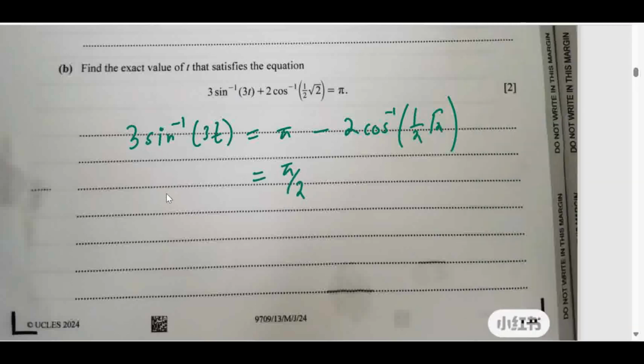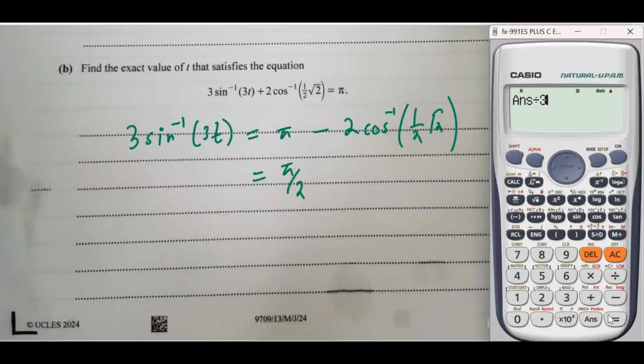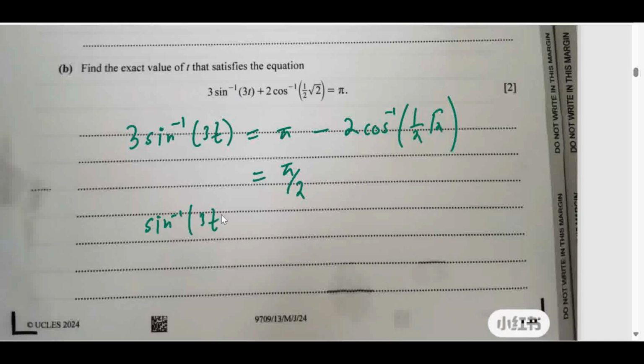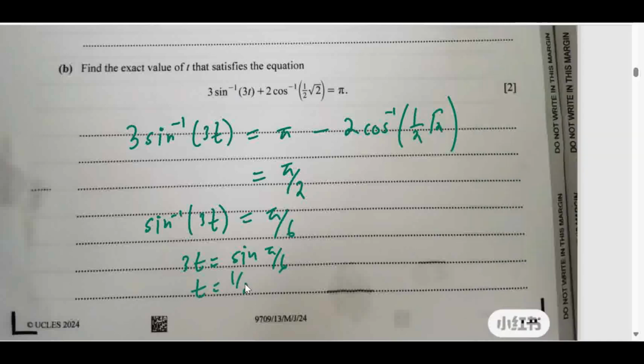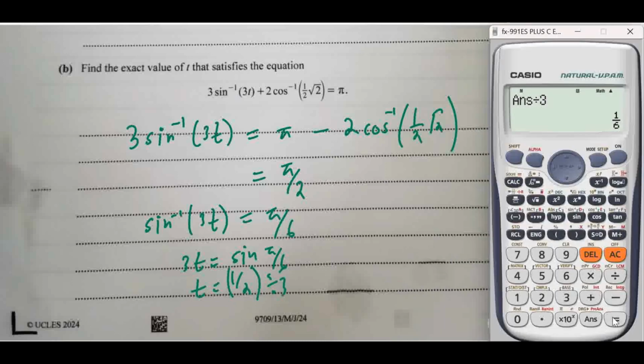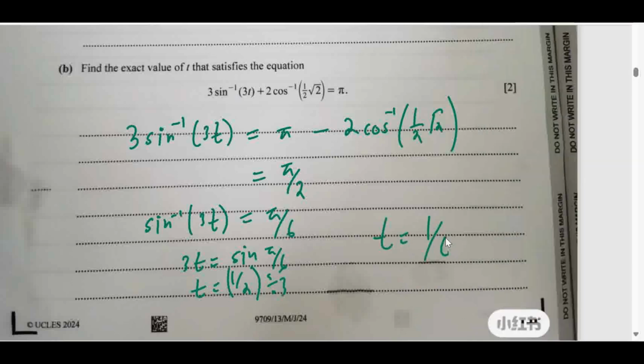अब डिवाइड अगर हम 3 करें तो ये हो जाएगा आपके पास आंसर डिवाइडेड बाय 3, दिस विल बी pi/6। सो वी कैन से कि साइन इनवर्स ऑफ 3t इज इक्वल्स टू pi/6। और इसको सिंप्लीफाई करें तो 3t इज इक्वल्स टू साइन ऑफ pi/6। साइन ऑफ pi/6 निकालें तो क्या होगा, 1/2 आ रहा है। सो t will be equals to 1/2 divided by 3, so t will be equals to 1/6.